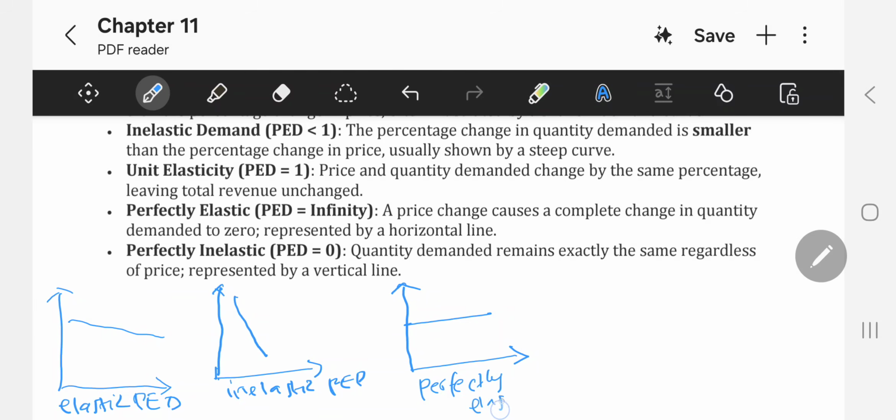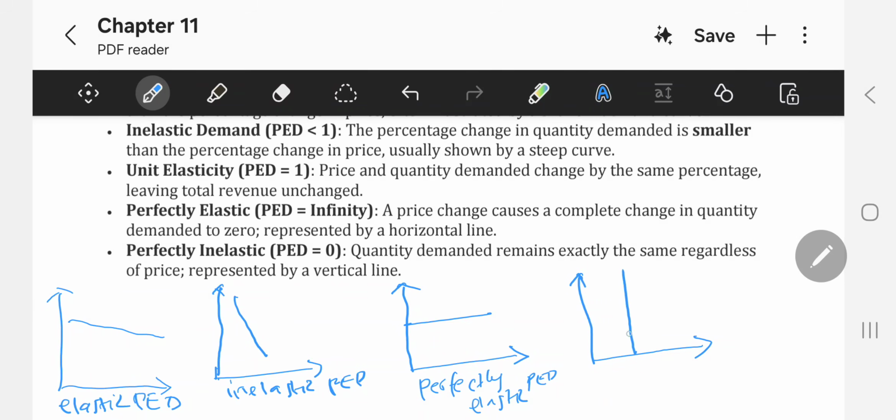And I'm going to tell you something about this perfectly elastic PED. It looks like an E without the top bar, so that's how you know which one is perfectly elastic. And then for perfectly inelastic, it's going to be a straight vertical line.